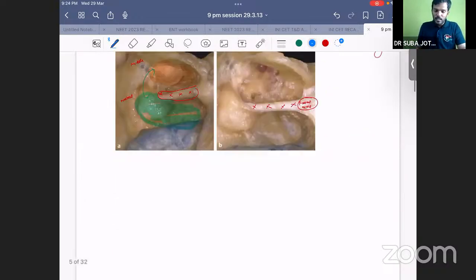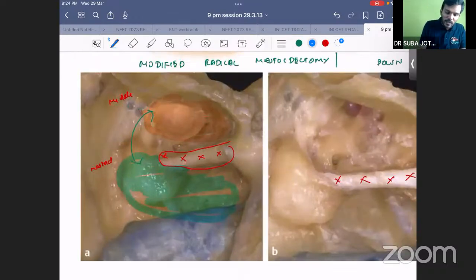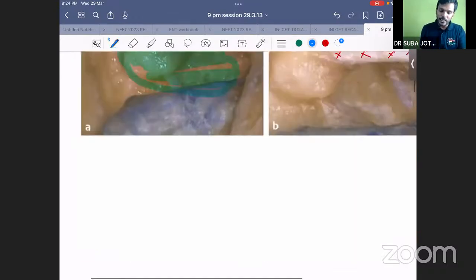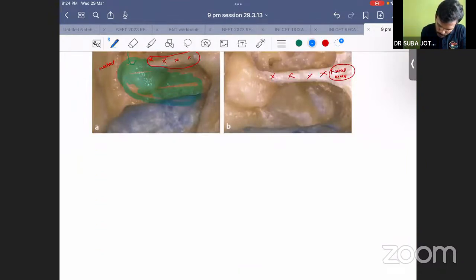So the important thing is we will leave open the eustachian tube opening. Leave the eustachian tube patent.